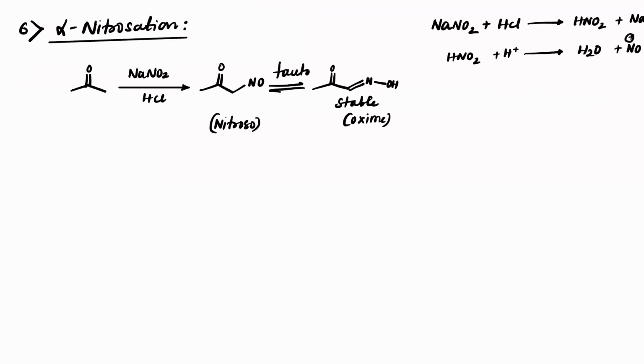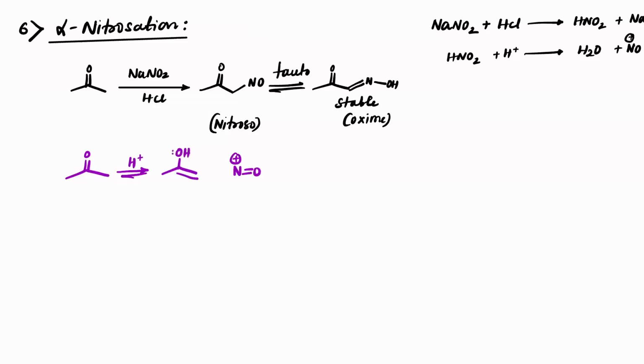The mechanism is very simple. Where you have C double bond O, in acidic medium you first write it in an enol form, and then N double bond O plus is there.